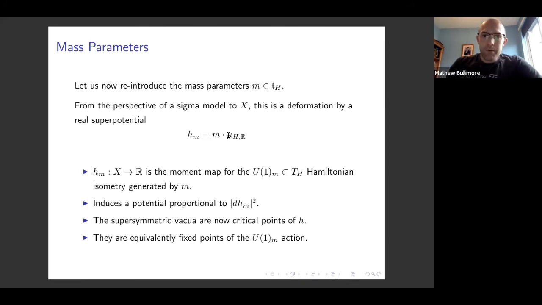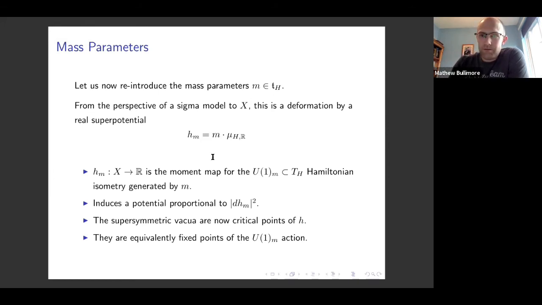Well, it's m, the mass, dotted with the moment map for the T_Higgs Hamiltonian isometries. Another way to say that is that H itself is just the real moment map for the Hamiltonian isometry that's generated by the mass parameter. So I think of the mass as an element of the Cartan, it's generating an infinitesimal isometry, and this is the moment map for that.